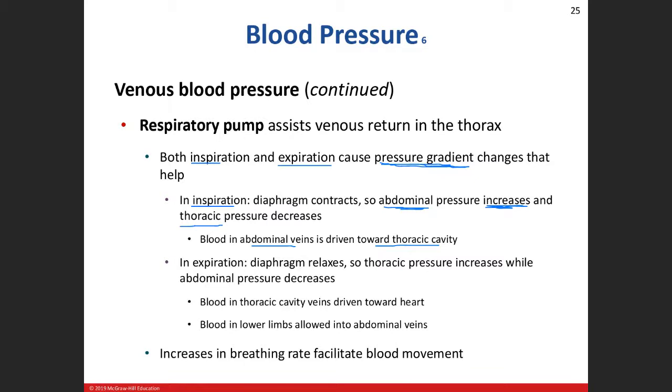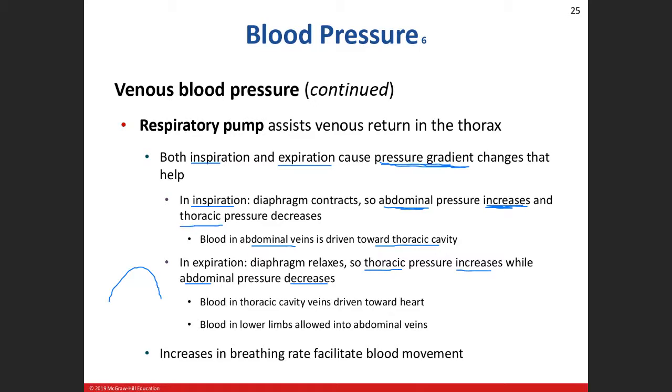Then you exhale, right? And the diaphragm relaxes. It goes back into its dome-like position here. And what happens then is that the pressure in the thoracic cavity increases, and in the abdominal cavity, it decreases. So what does that mean?